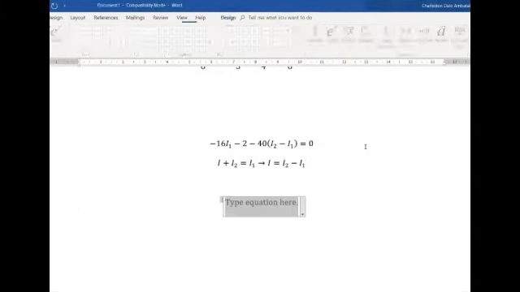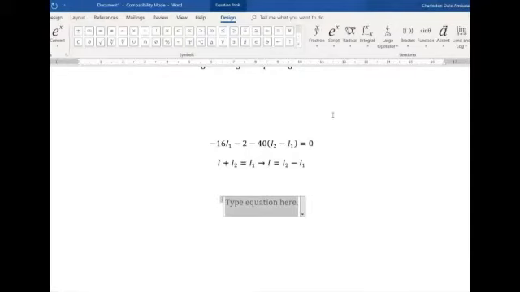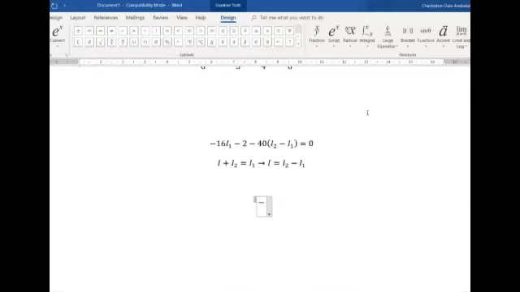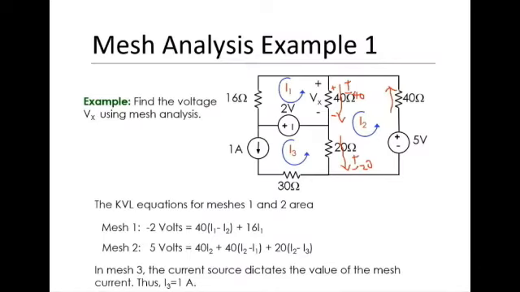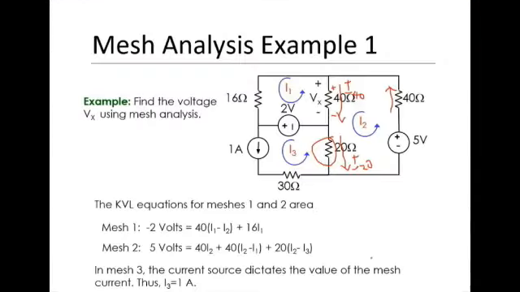So we start here. Since this is the flow of the current, the polarity is something like this. Then it's equal to negative 40 times I40. Same is true with this resistor right here, that's minus 20 times I20. And this is a voltage rise from negative to positive, so that's plus 5 volts.